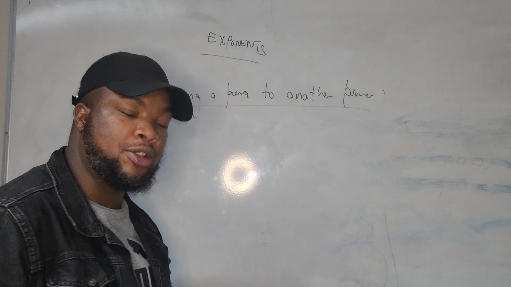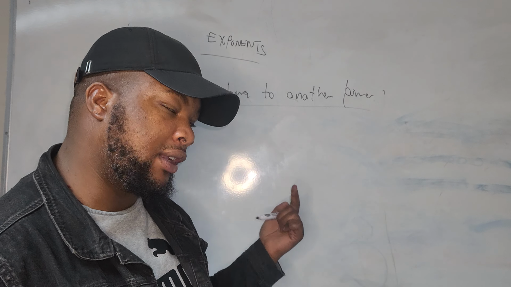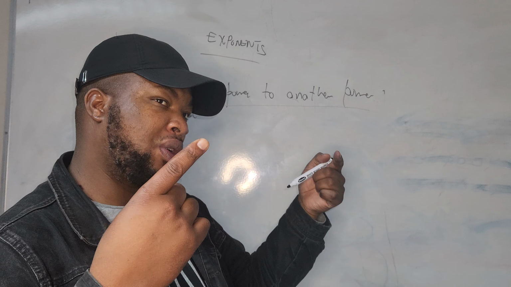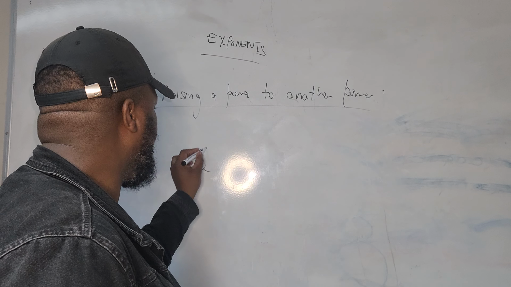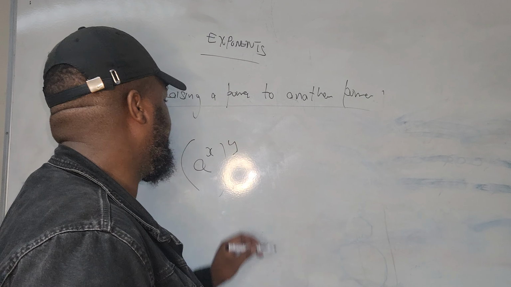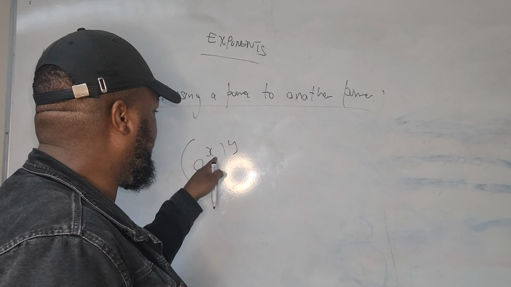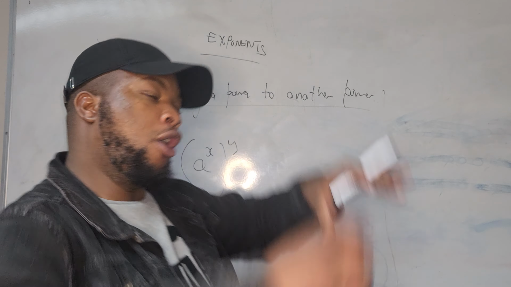What does that mean? You can even see it in the title, raising a power to another power, which means we have 2 powers. So let's say you have a to the power x, all in brackets, to the power y. You have a to the power x, and you have a power y over the brackets.